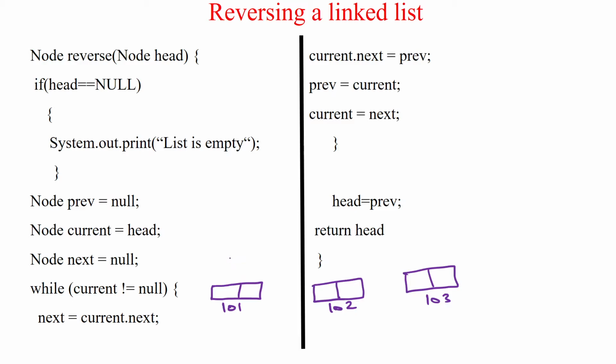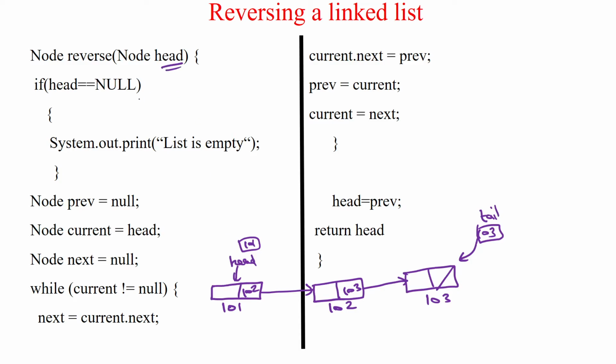Here head is pointing to 101. Then 102 is the address of the first node, 103 is the address of the second node, null is the address of the third node. The tail is pointing to 103, which is the tail.